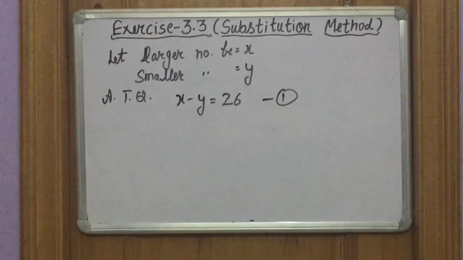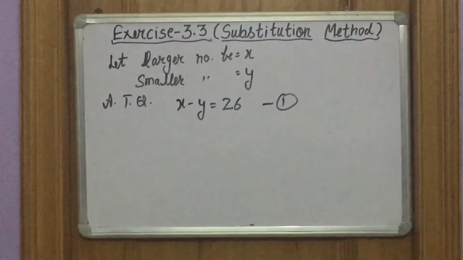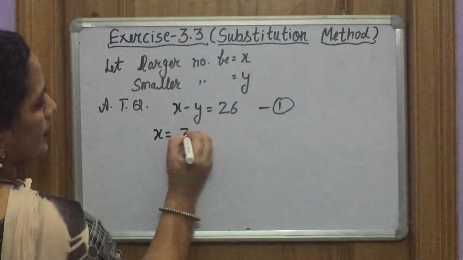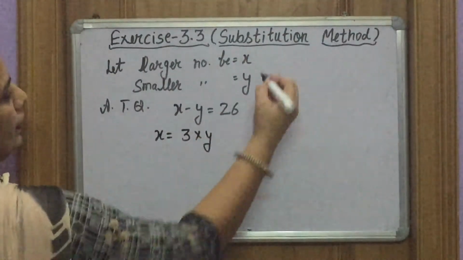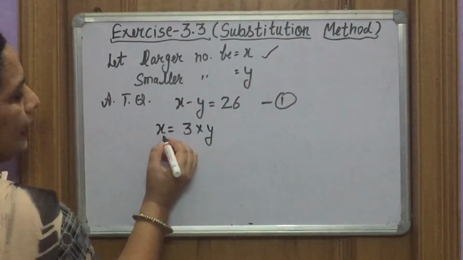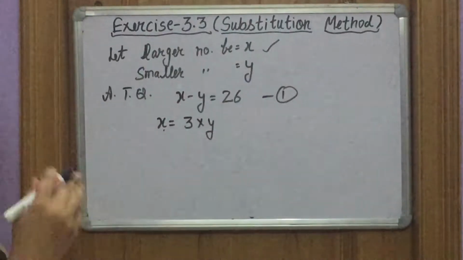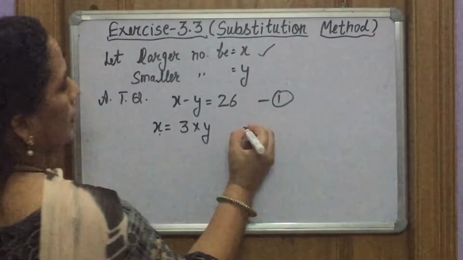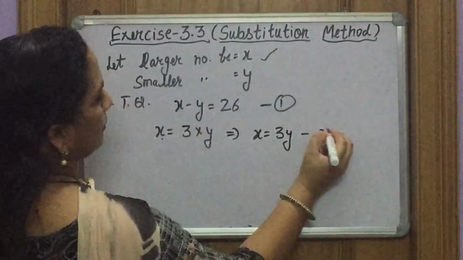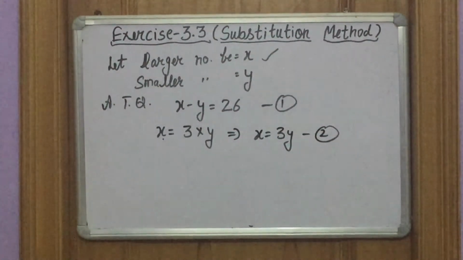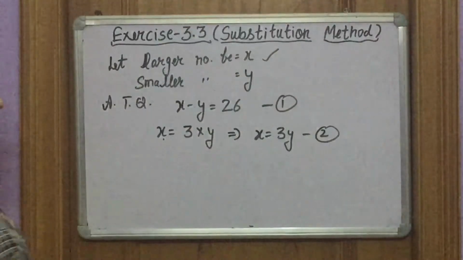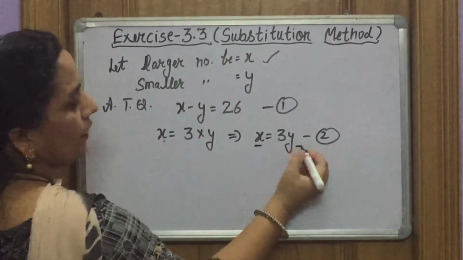So we can suppose this is our first equation. Next line is one number is 3 times the other. So we can take here x is 3 times the second number, because x is the larger number. That's why we will write here that the larger number is 3 times the smaller number. So we can suppose that this is our second equation. So now we can find out the values of x and y by using the substitution method. Here we have the value of x is 3y.